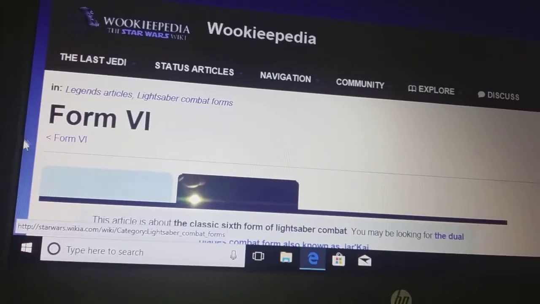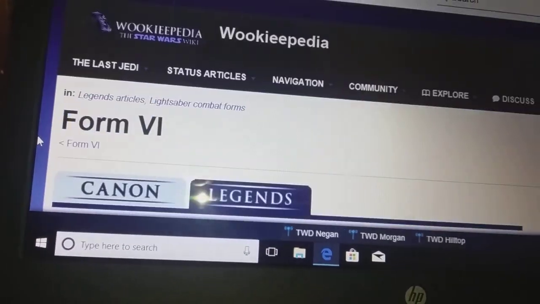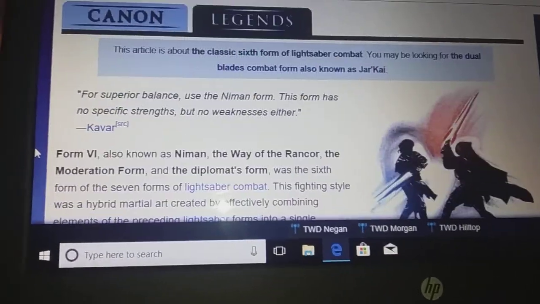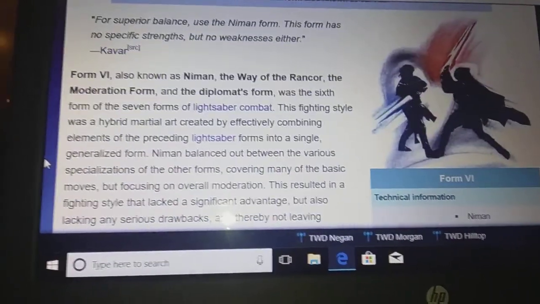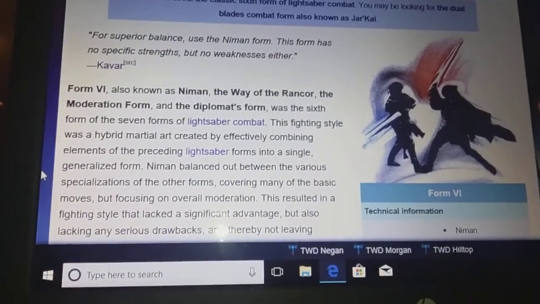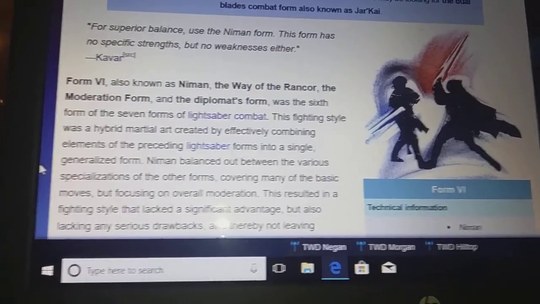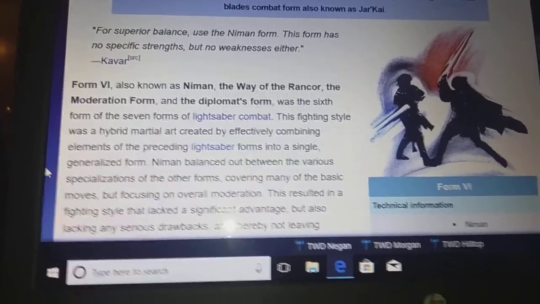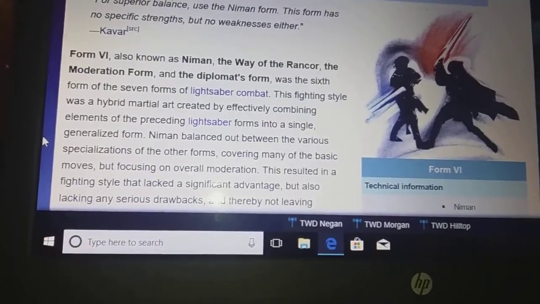Nimen. AKA what I thought. Now, this is one of those has no strengths but has no weaknesses either kind of dealios. If we're being honest, I really don't like those kinds of things.